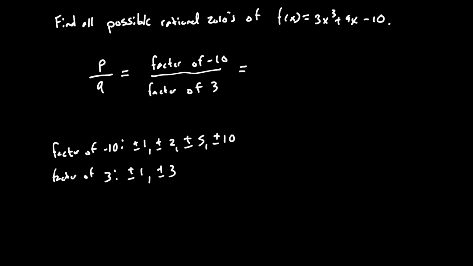So we'll start off with holding constant our denominator. We'll have a plus or minus 1 here. And so up top then we have either 1, 2, 5, or 10. And on the bottom again we have a plus or minus 1.